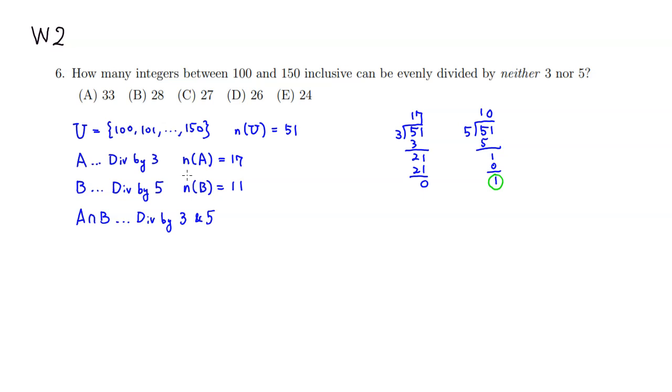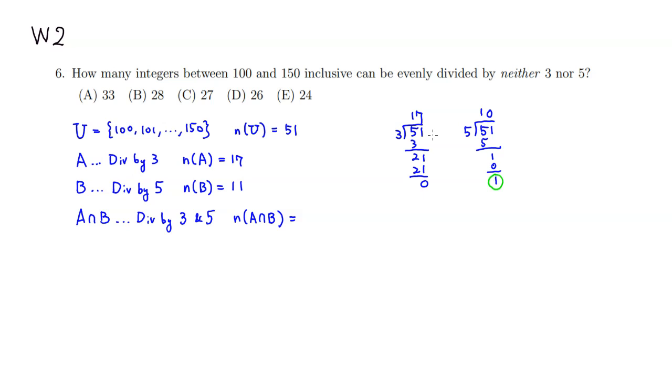In order to be divisible by 3 and 5 at the same time, you're looking for the common multiples. The least common multiple of 3 and 5 would be 15.